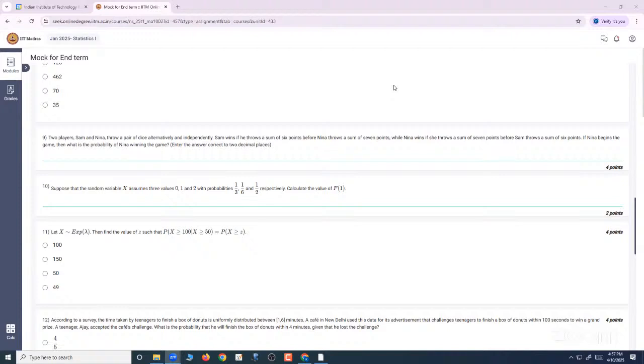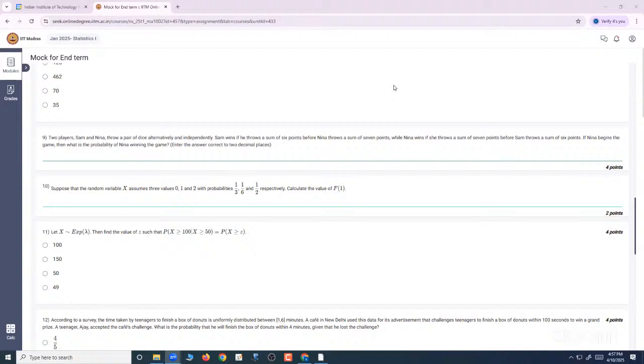So basically, in the first throw, she is not able to win because she is not getting the sum of 7 points. Sam is also not winning, so he is also not getting the sum of 6 points. Now in the third throw, Nina is getting the sum of 7 points, before Sam. So in the third throw, she is winning the game, like in the second trial, you can say.